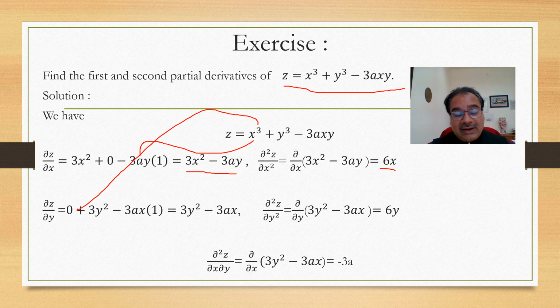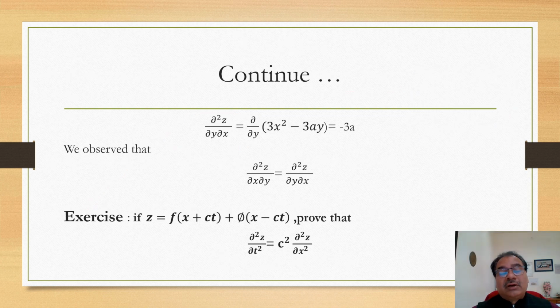So del 2z over del x del y is equal to minus 3. Okay. So in this way you got the first order and second order derivatives of this function. Here also, as we discussed in the previous PPT, del 2z over del y del x is the same, meaning minus 3. In that case also minus 3. It means both are the same here.